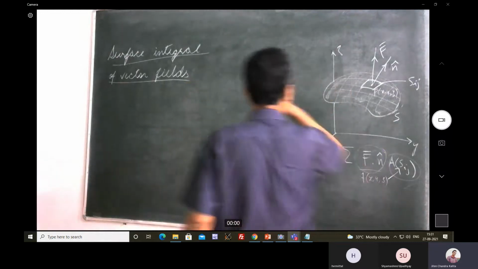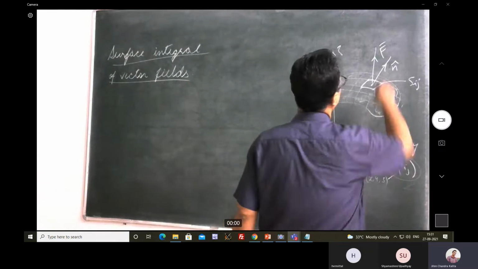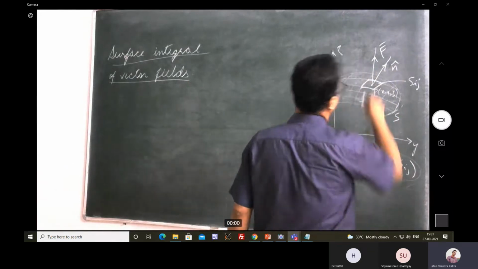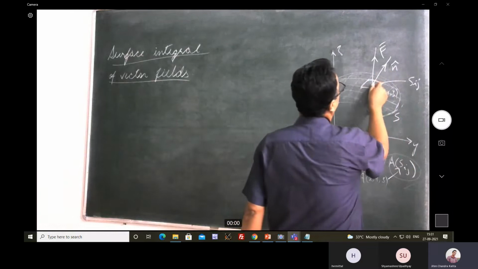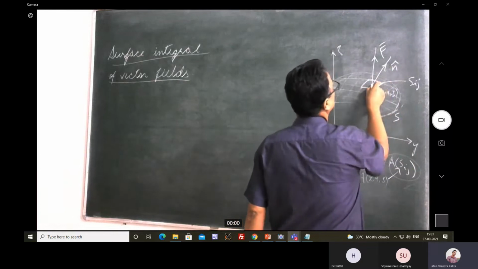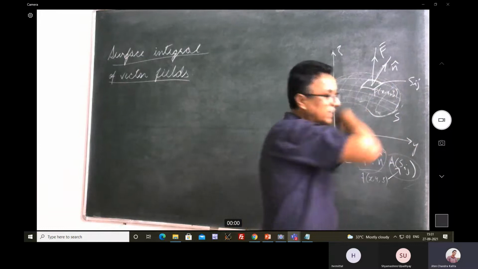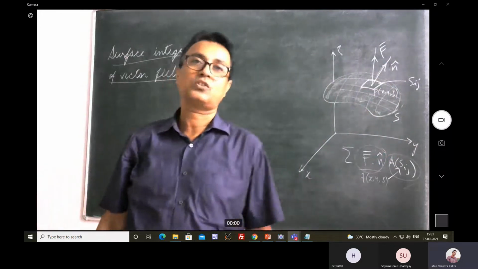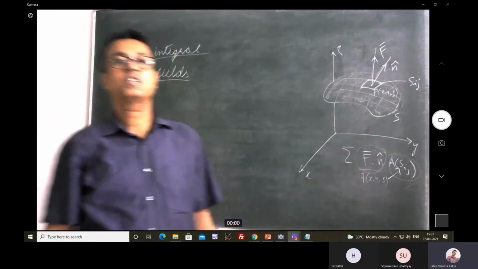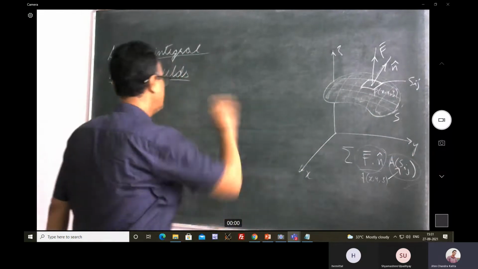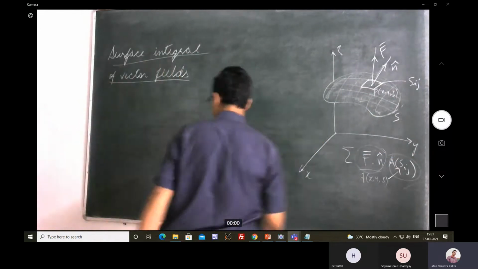Here you will see the two things that we have: one is the unit normal to the surface at that point, and the other is the vector-valued function for which we are seeking the surface integral. Okay, now let us set this aside.